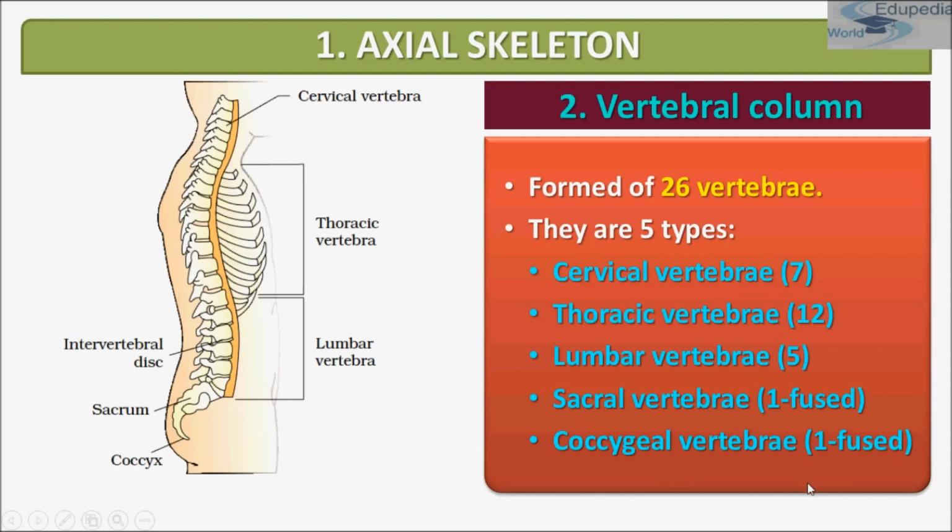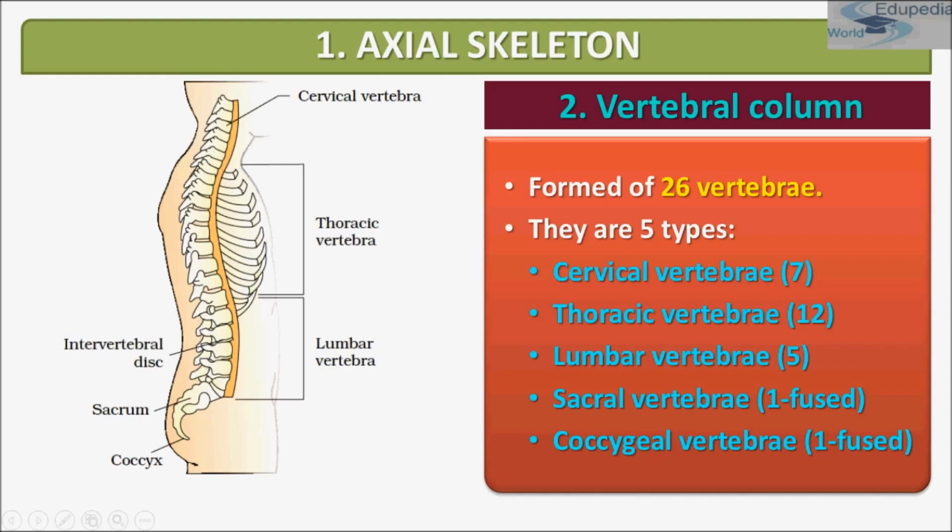So it consists of 5 types of vertebrae. Our vertebral column is formed of 26 serially arranged units, which we call vertebrae. See, these are vertebrae: 1, 2, 3, 4, 5, 6, and so on.